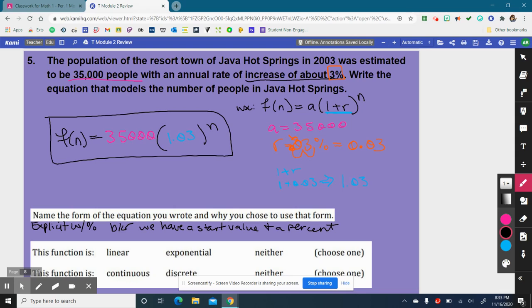Okay. Now, if we have 35,000 times 1.03 to the n here, then that means that this is an exponential problem, right? We're multiplying and we see a percent.